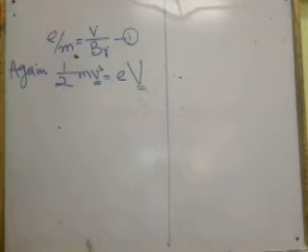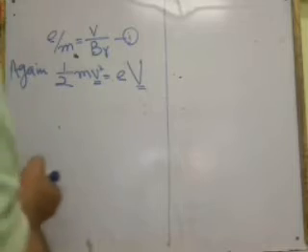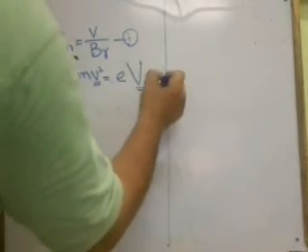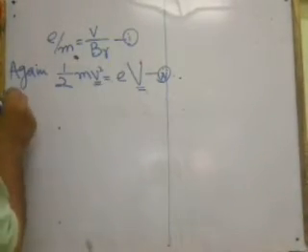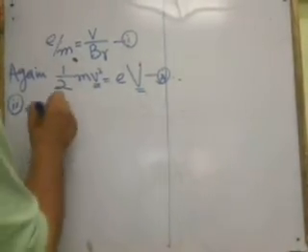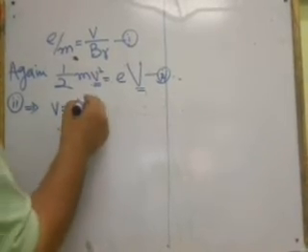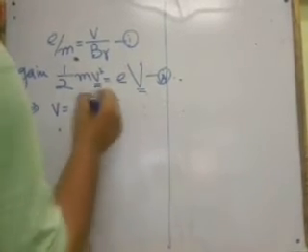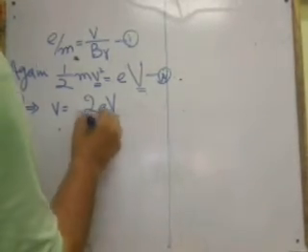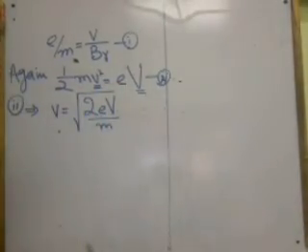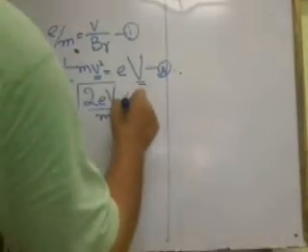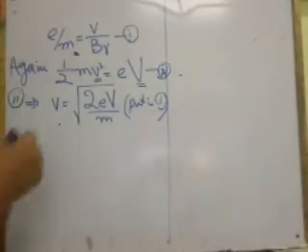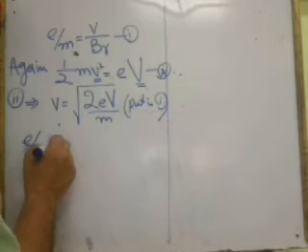Finding the value of v from this equation 2, equation 2 gives us small v equal to the square root of 2eV divided by m.